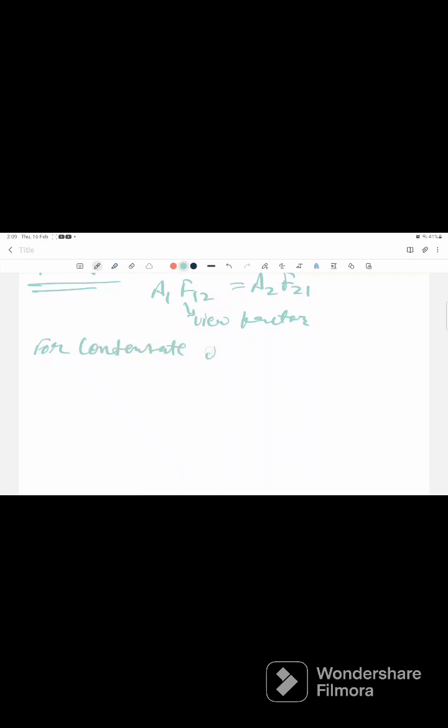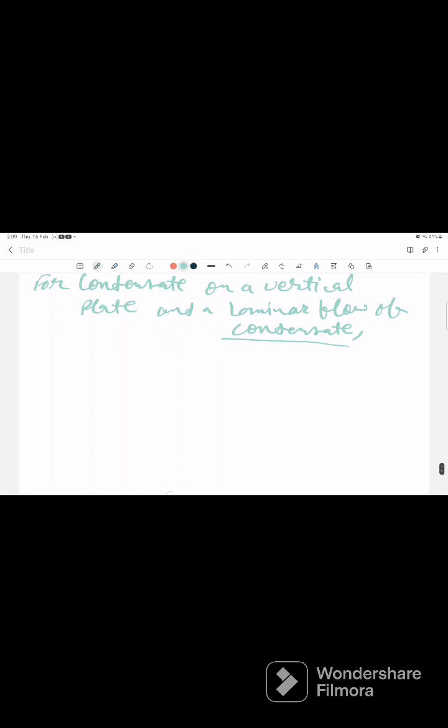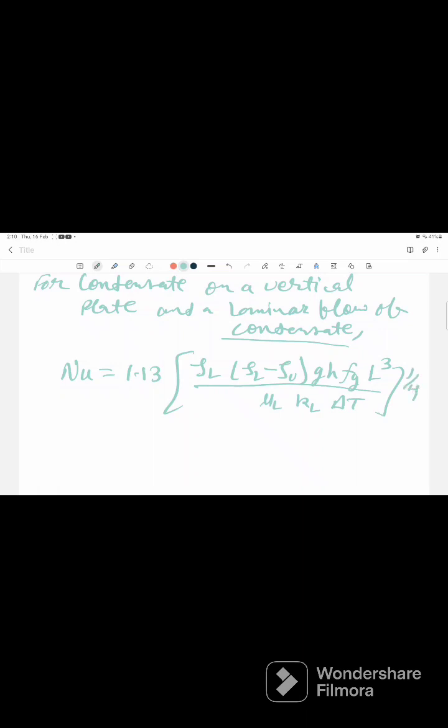For condensate on a vertical plate with laminar flow of condensate, the Nusselt number is defined as 1.13 times [rho L (rho L minus rho V) g h fg L cube by mu L k L delta T] raised to power 1 by 4.